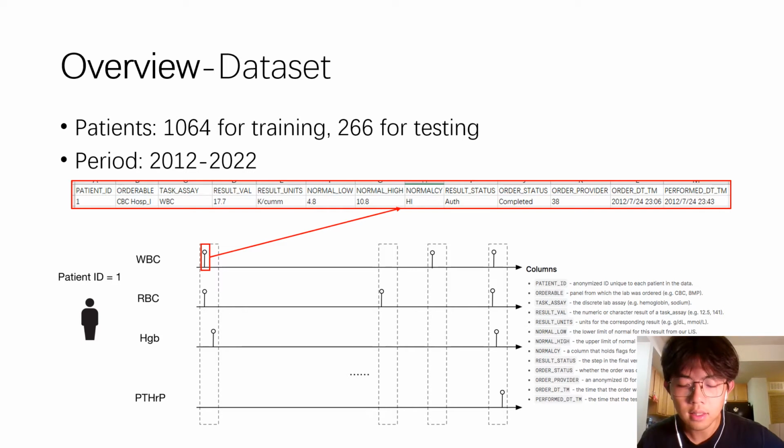Here I listed the definition of each column of the input data. Some of these columns are important for our future prediction. They are the value of the lab tests, the lower and upper limits of the normal range, and the days of the lab test. Another thing to note is that for patients having multiple PTHrP orders, this dataset retains only the first order with its associated data.